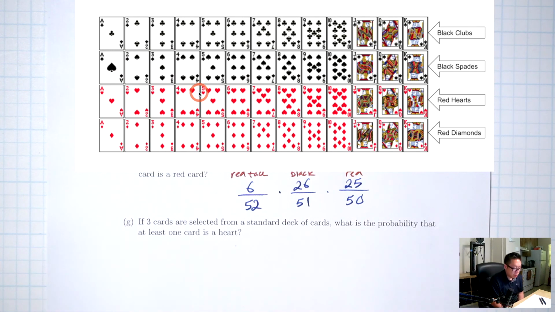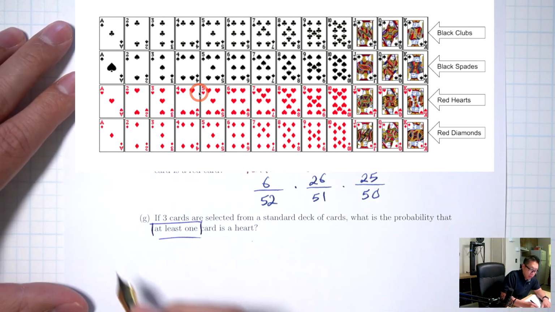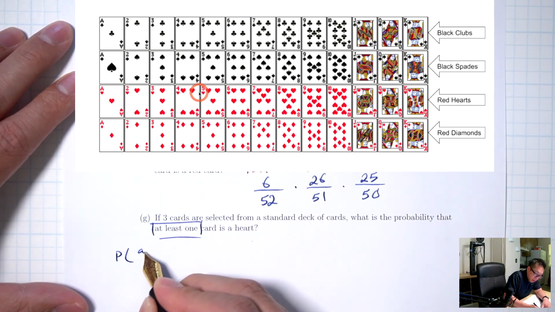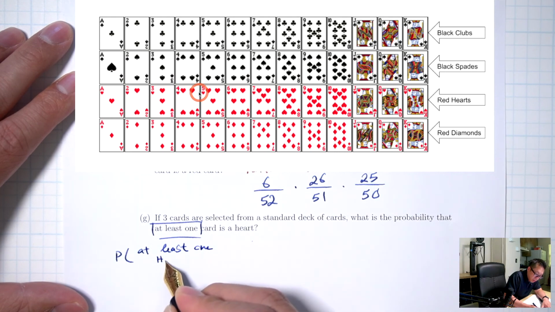G. If 3 cards are selected from a standard deck of cards, what's the probability that at least 1 card is a heart? Okay, keyword, at least 1. So I want at least 1 heart.